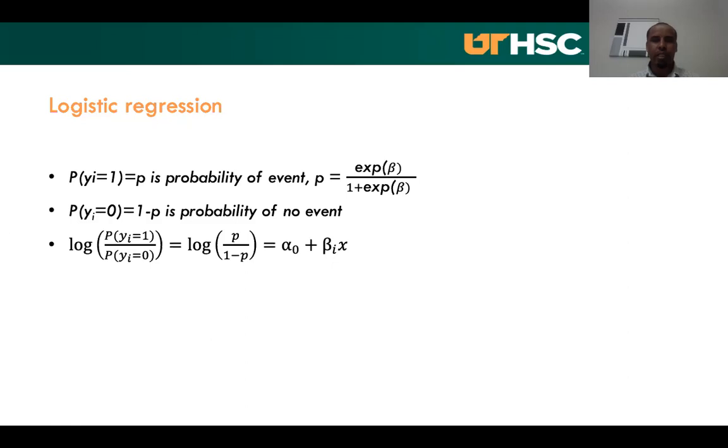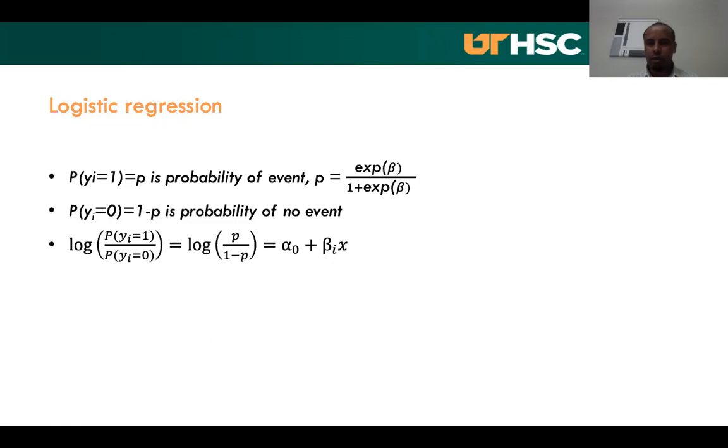Exponentiating the beta coefficient in epidemiology or biostatistics means raising 2.72 to the beta coefficient. So 2.72 raised to the beta coefficient gives us the number in the numerator, and 1 plus the exponent of beta gives us the denominator.